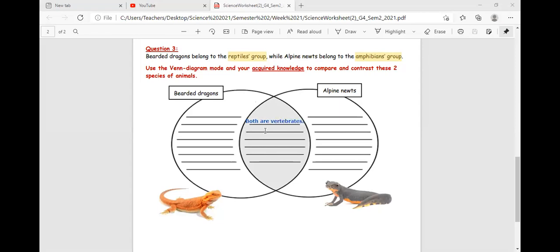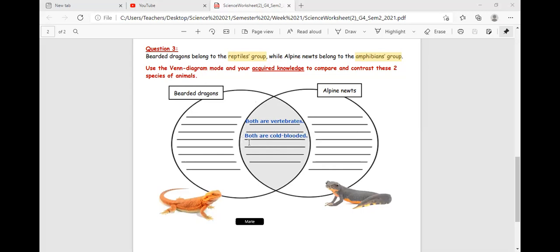Yalla ya Kareem. Both are what also? What can we say about these two animals? Both are cold-blooded.